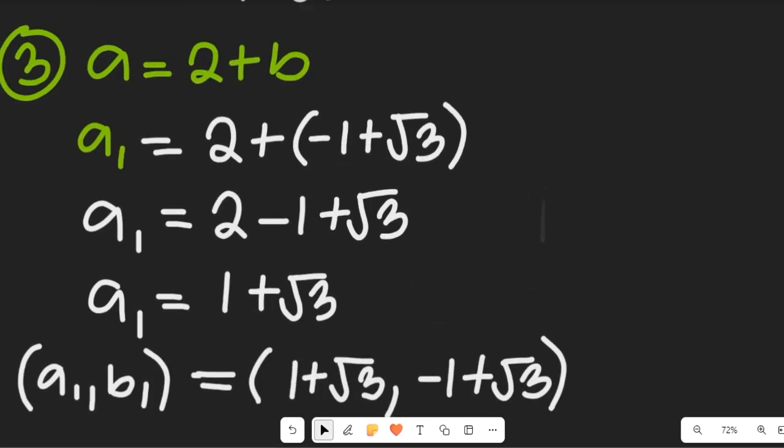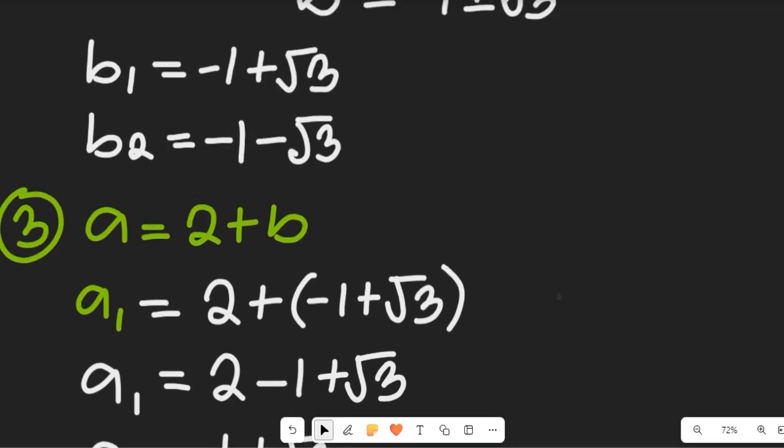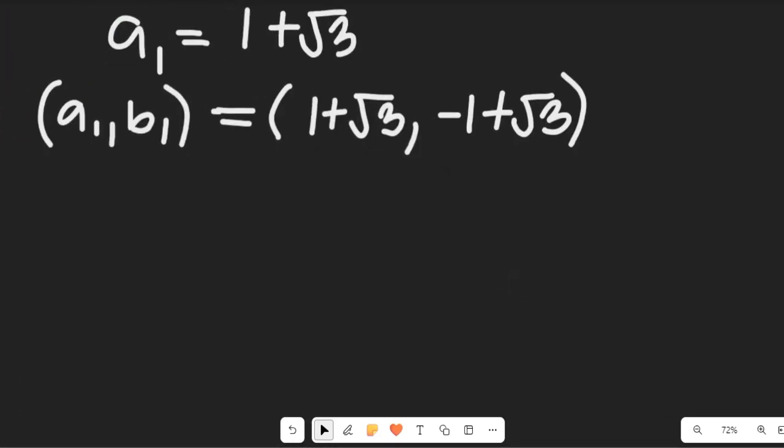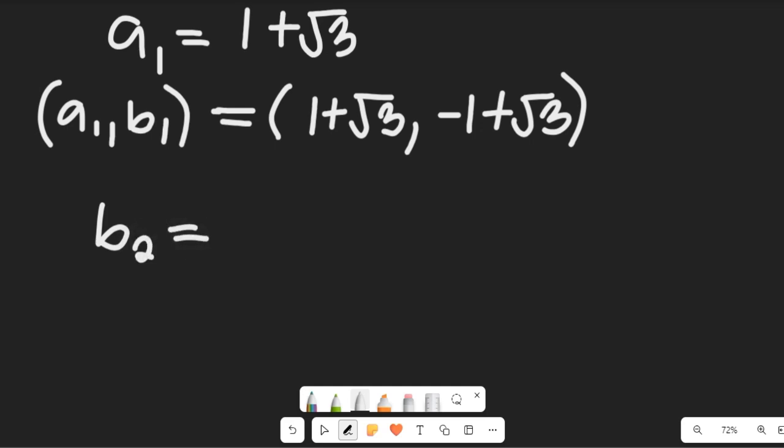Now from the next expression, we're going to look at using b2. So we'll have our b2 to be equal to negative 1 minus root 3.